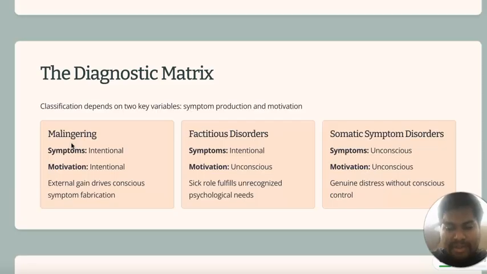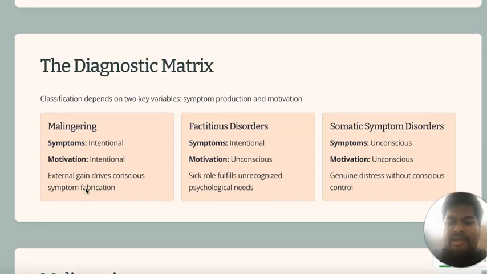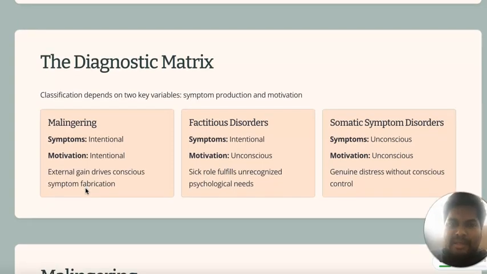The motivation is intentional, and the symptoms are intentional. The symptoms are not by nature, they fake it, they create it. So that's malingering, and the main reason for this is external gain. External gain can be anything like financial or legal purposes. We'll deal with this in the subsequent slides too.